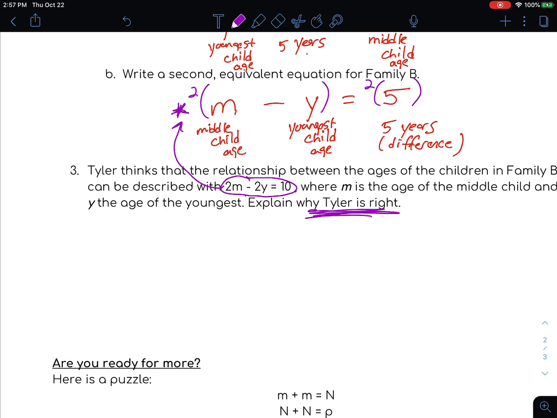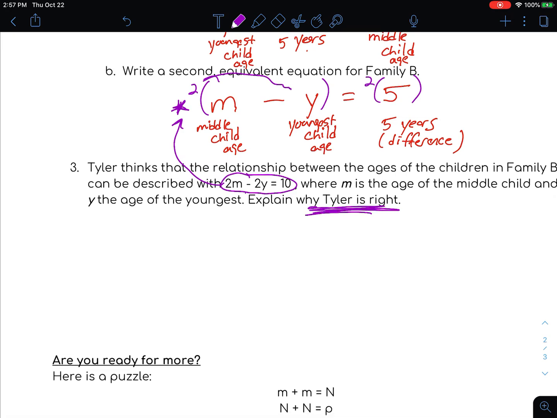So if I do that, I basically use the distributive property on the first one, and I get 2m. 2 times m is 2m, 2 times y is 2y, and 2 times 5 is 10.